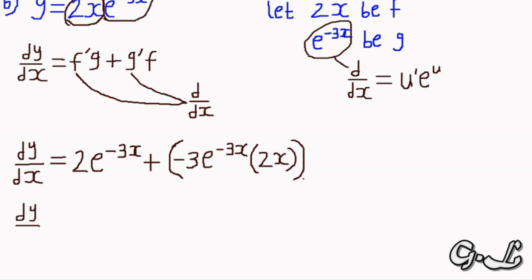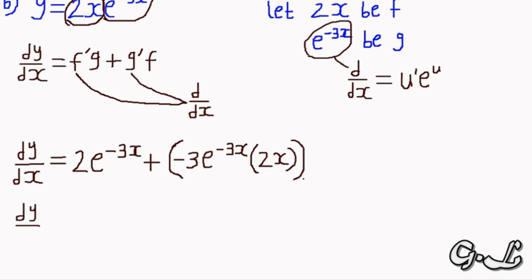So if you are differentiating e to the negative 3x, we have to say u prime, which means we are differentiating the power. The power is negative 3x, and when you differentiate negative 3x, it will give you negative 3. So that is where the negative 3 is coming from.